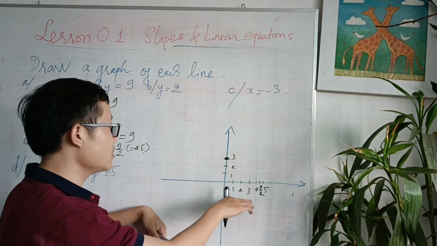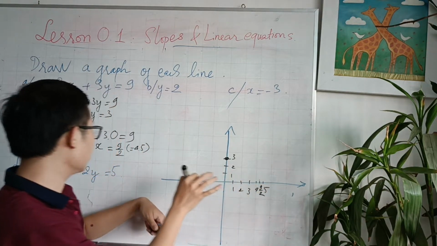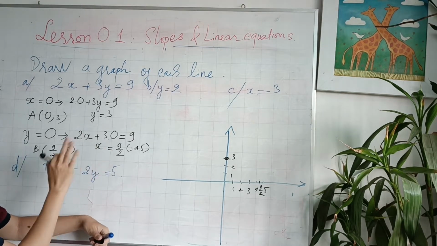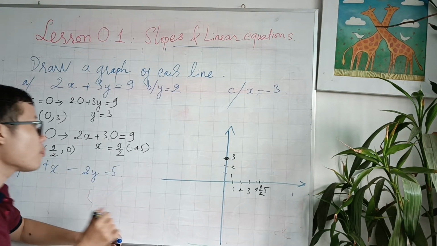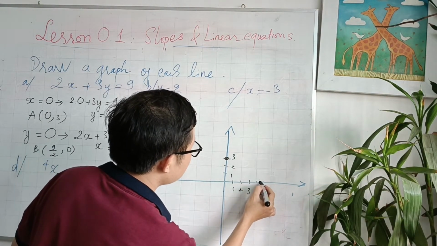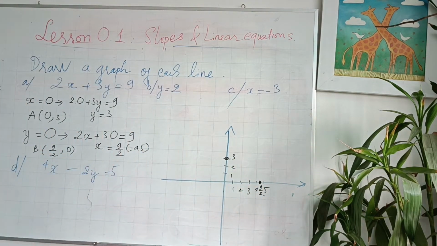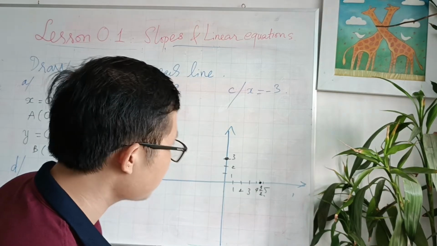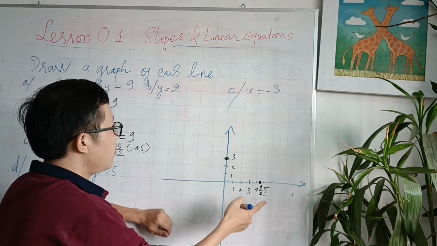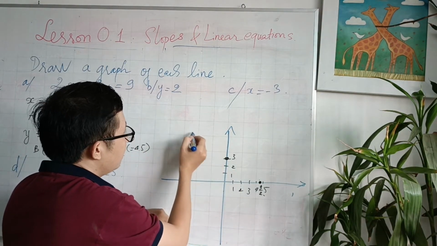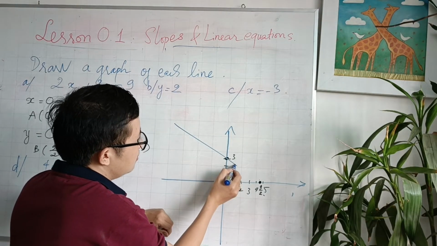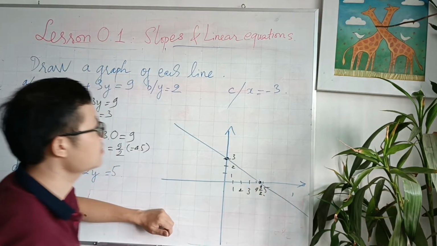This lies on the x-axis because it has a y coordinate equal to 0. So it is the second point. And we connect the 2 points. We have the graph of this line.